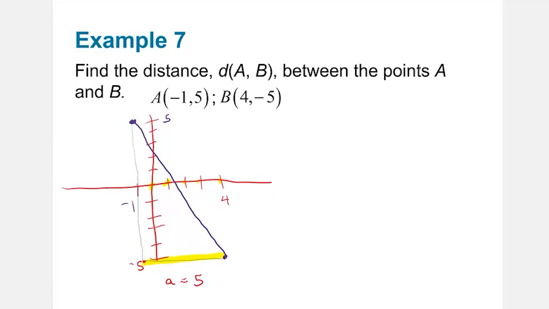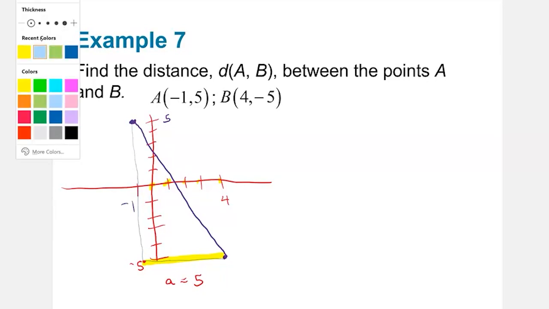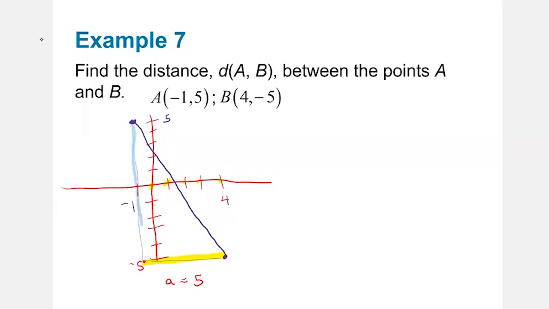And then I can count the Y values. I'm starting here at -5 and I'm going all the way up to +5. And if I count, I'm going to find that distance, this distance right here, we'll call it B, and it's going to be 10.